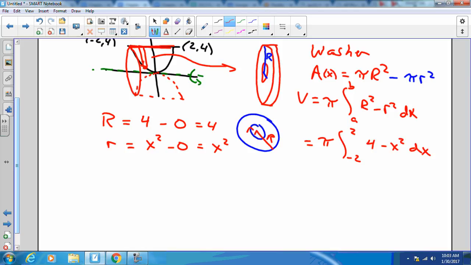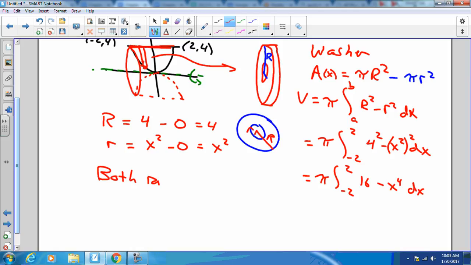So that my volume is now equal to the integral first x to the last x of pi times big R squared minus little r squared dx. Big R squared minus little r squared. Yes, thank you.